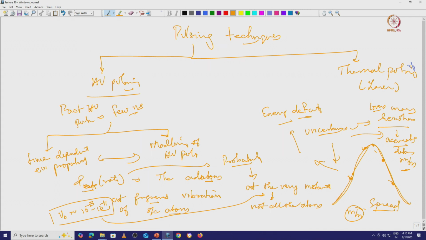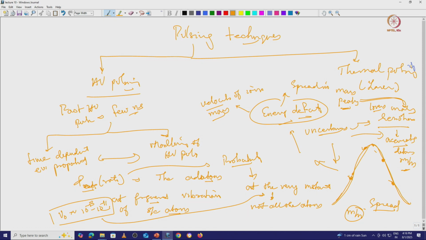This is called energy deficit, and energy deficit depends upon the velocity of the ion and also its mass. Because of this energy deficit, there is a spread in the mass peaks, which directly affects the mass resolution during HV pulsing of the specimen.